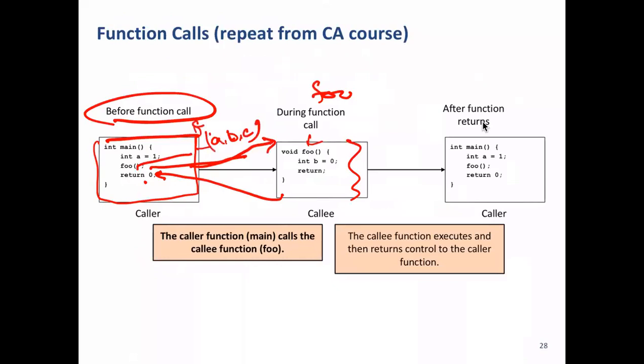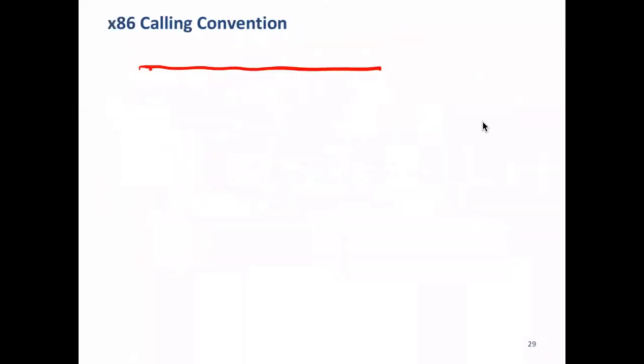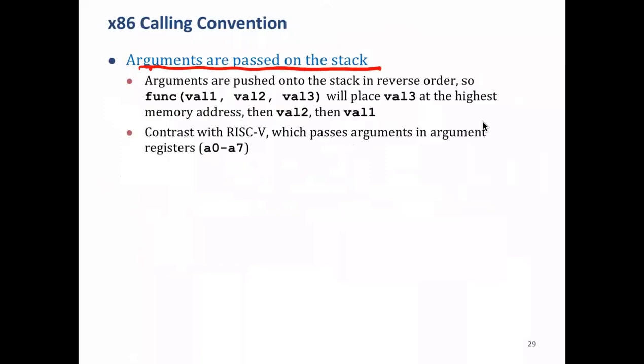In what order will these be stored? That's also defined. When we call a function with value 1, value 2, value 3, we place value 3 at the highest memory address, then value 2, and then value 1.